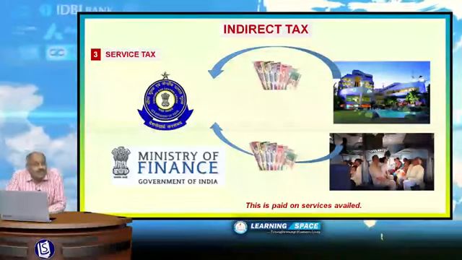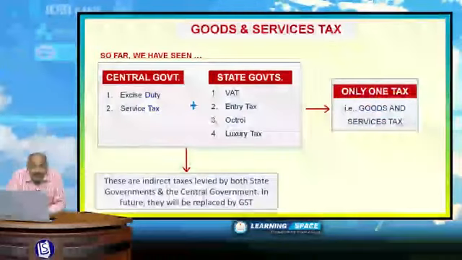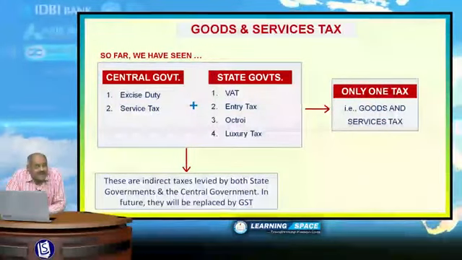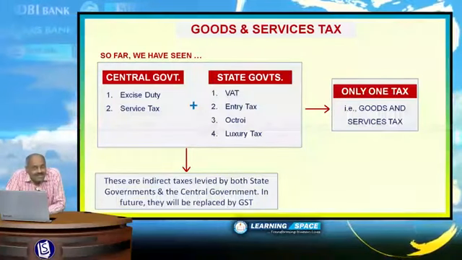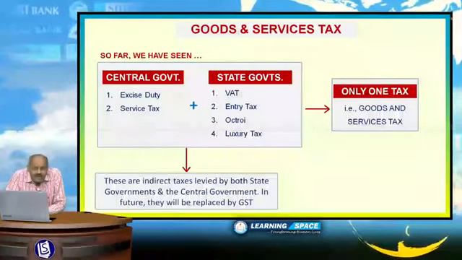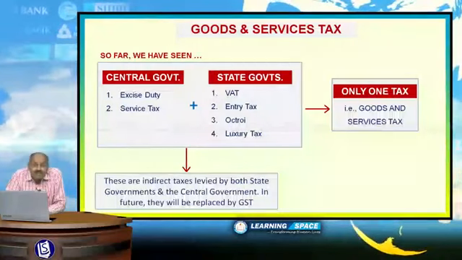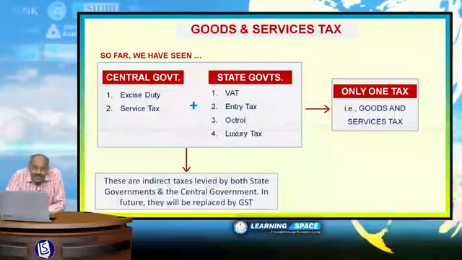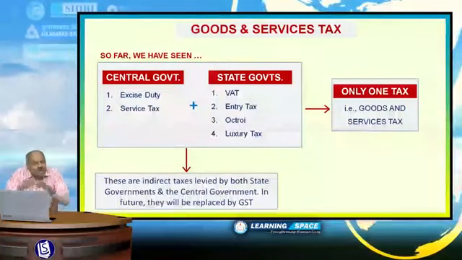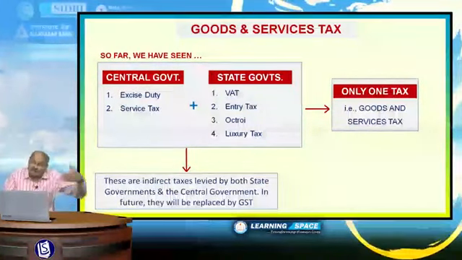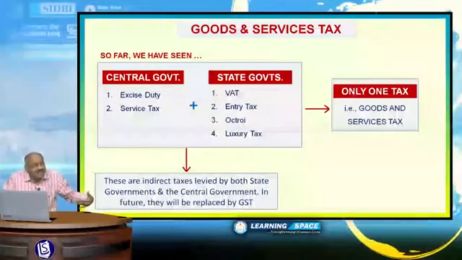Finally, let us look at goods and services tax. So far we have discussed that the central government imposes several taxes and the state government imposes several taxes: excise duty, service tax, and the state government's VAT, value added tax, entry tax, octroi, luxury tax. So these are different types of taxes, and some of the states may have some other tax.